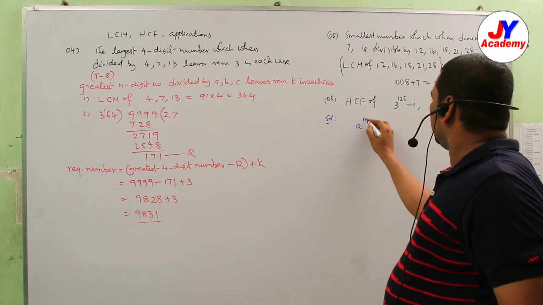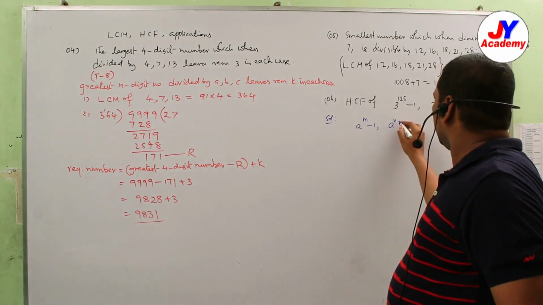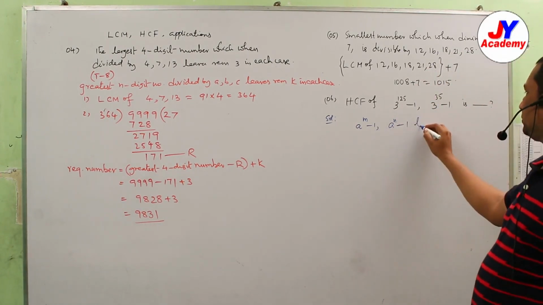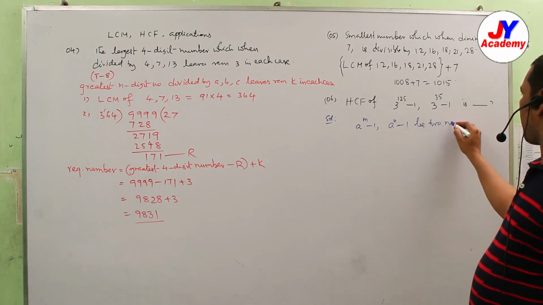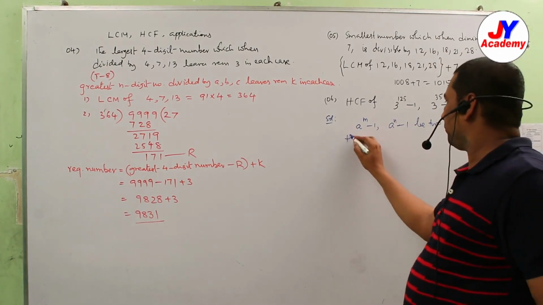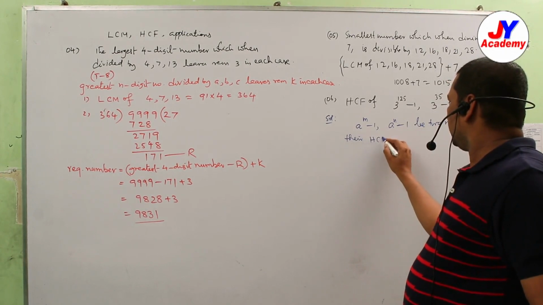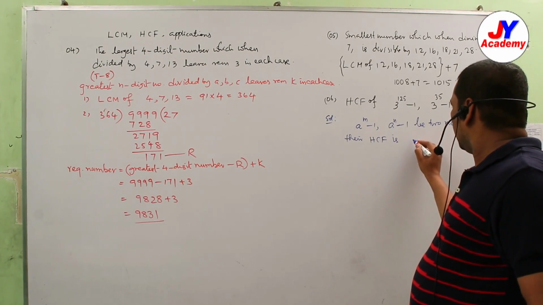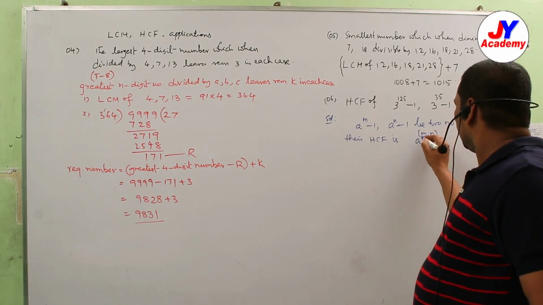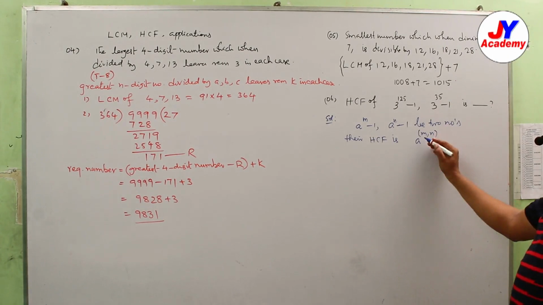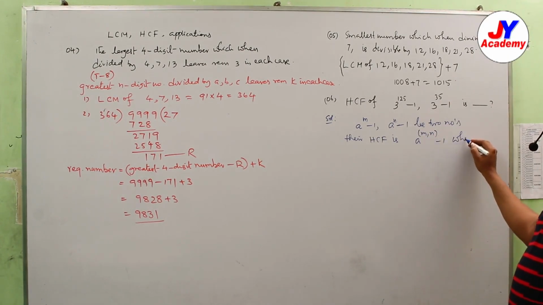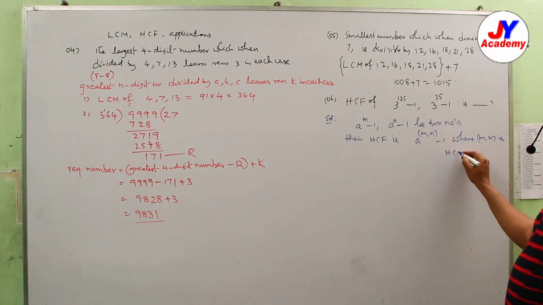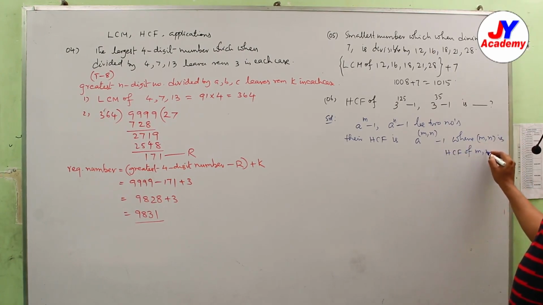Suppose a power m minus 1 and a power n minus 1 are two numbers. Their HCF is a power of (m, n) minus 1, where (m, n) is the HCF of m and n.